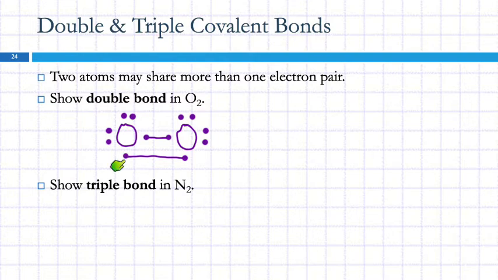So we're going to take these other electrons and share those also. So this is 2 pairs of shared electrons. So instead of a single pair of electrons, it's a double pair. And so we call this a double bond. And it's represented with 2 lines, 1 line for each shared pair of electrons.